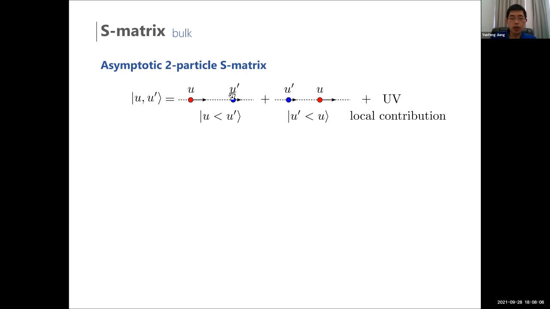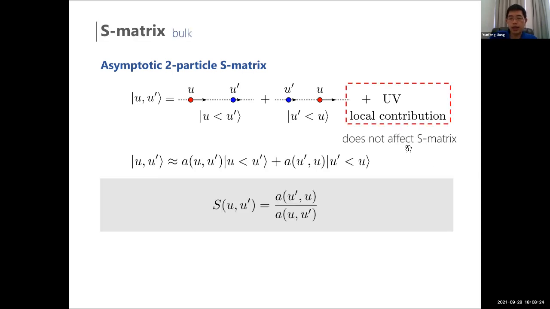Namely, these two particles, you should imagine that they are very far away from each other. And also here, they are very far away from each other. And of course, there are contributions where these two particles are close to one another. But this contribution does not affect the S matrix. That's the point.